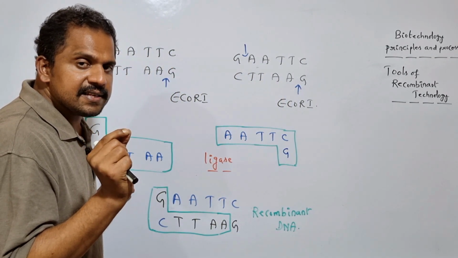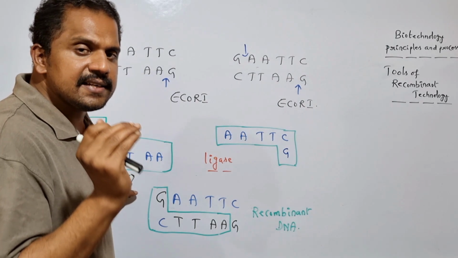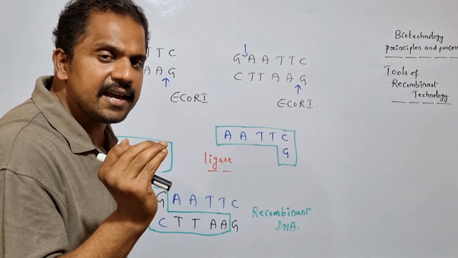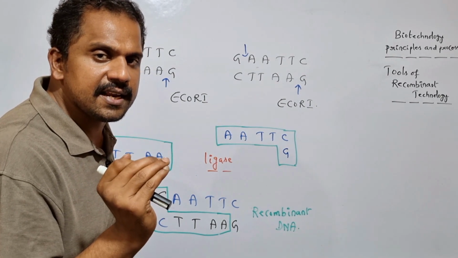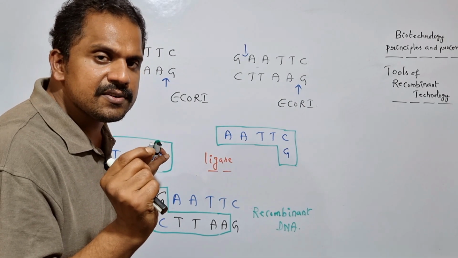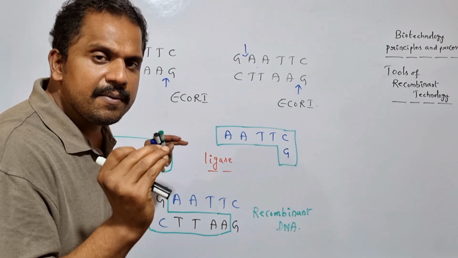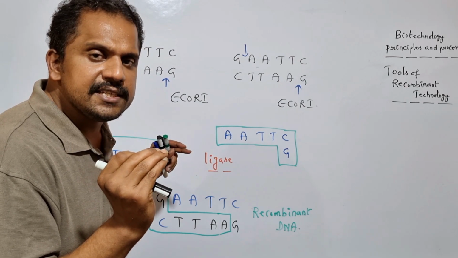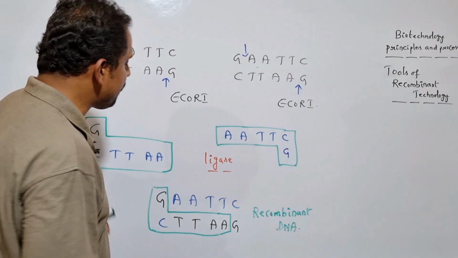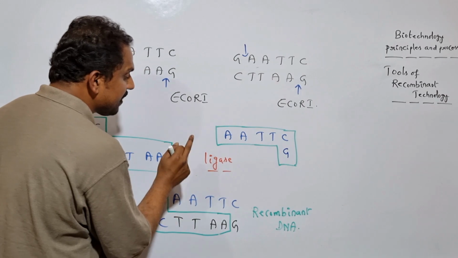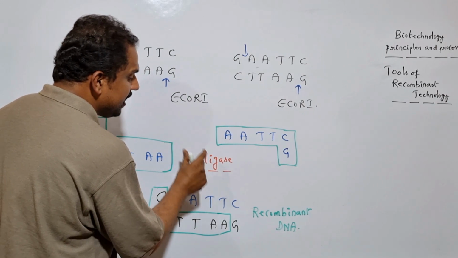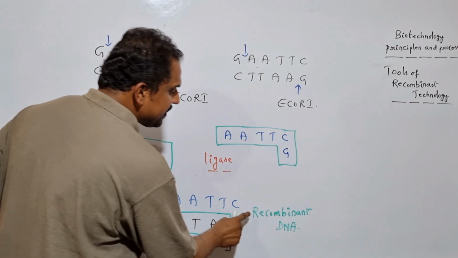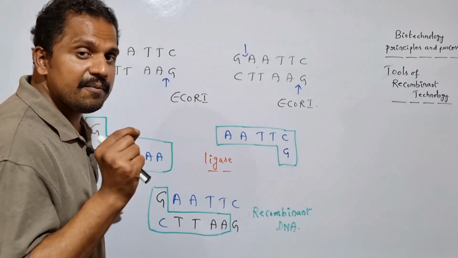So here, after the successful cleavage of the concerned DNA sequence by taking the advantage of the specific restriction enzyme, now here both the sources of the DNA, they are capable to undergo ligation by taking the advantage of a specific enzyme termed as ligase. So here, once when the specific ligase enzyme induces the ligation, now here it leads to the formation of a specific DNA termed as recombinant DNA.